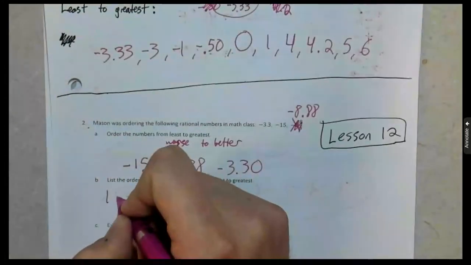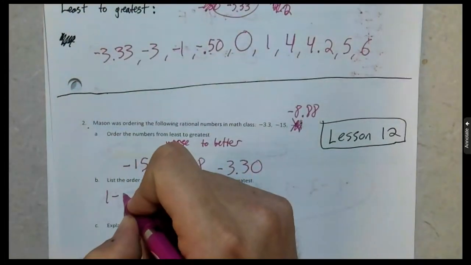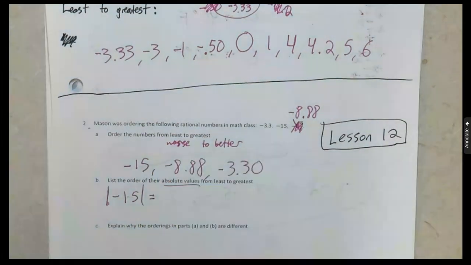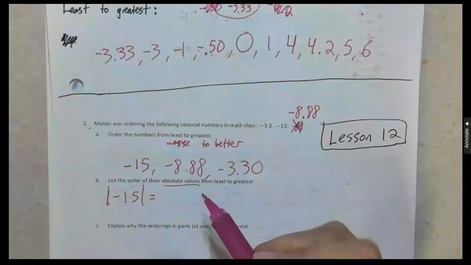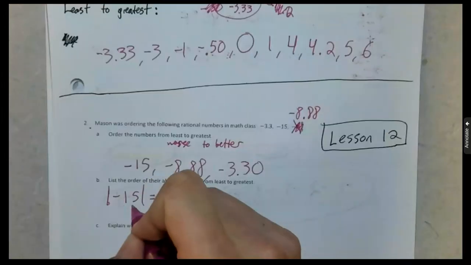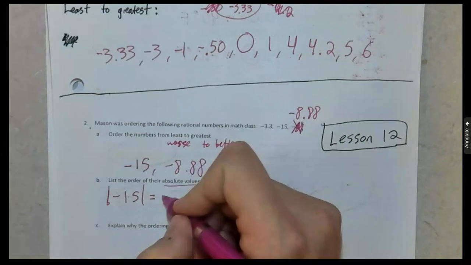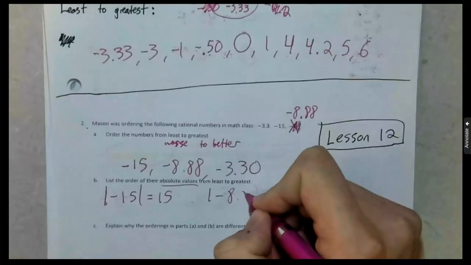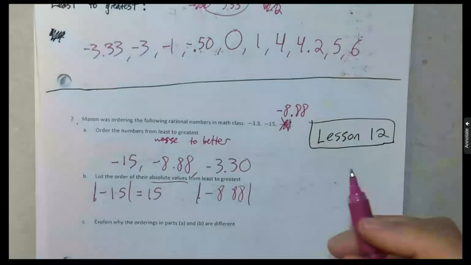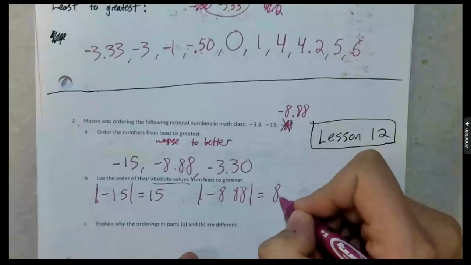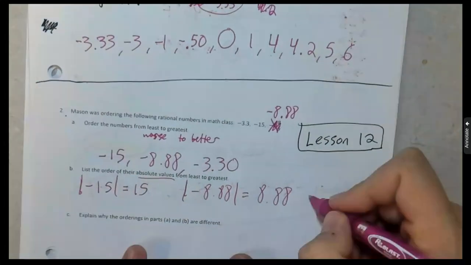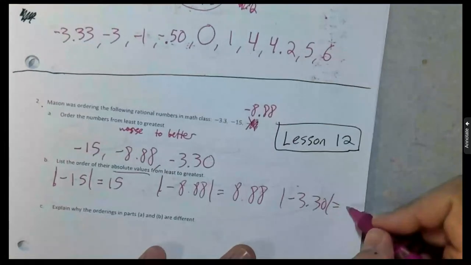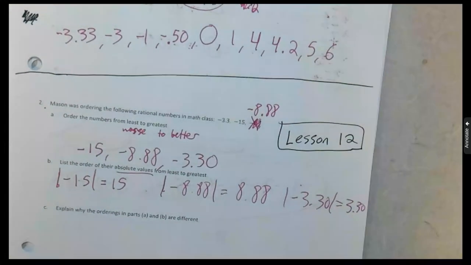And list the order of the absolute values from least to greatest. Well, now this is where it gets kind of different. We have the absolute value of negative 15. The distance from negative 15 to 0 is actually 15. And we have the absolute value of negative 8.88, which is a positive 8.88. The absolute value of negative 3.30 is positive 3.30.